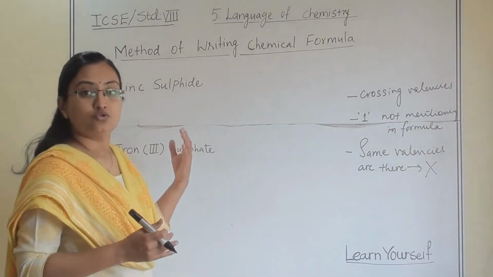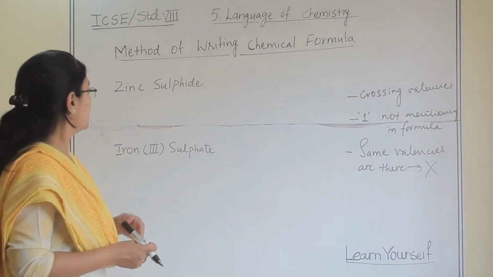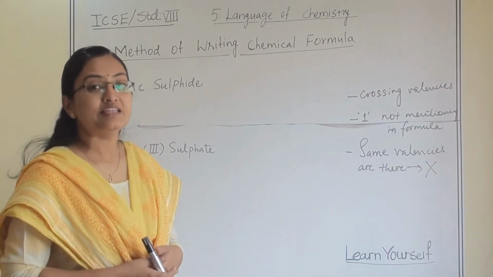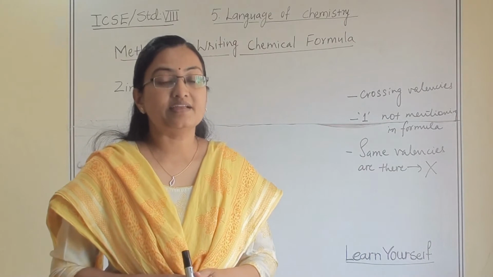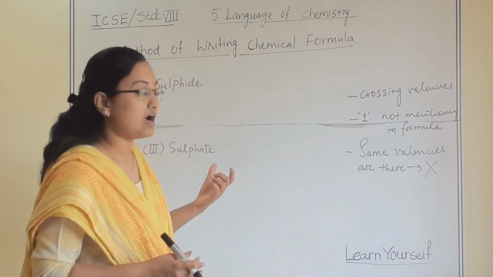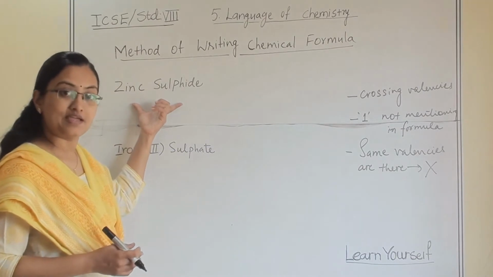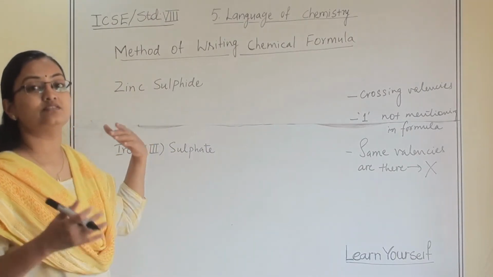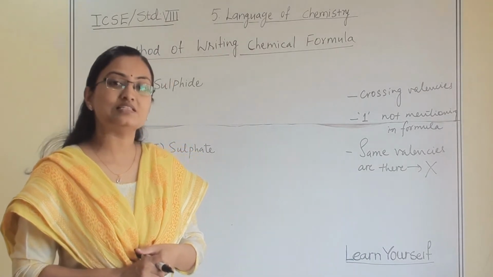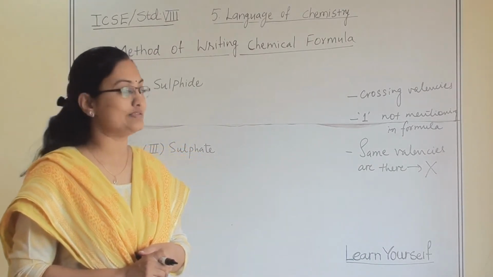Let us take 2 more examples. First is zinc sulfide. So whenever in the exam you are asked to write a molecular formula, the examiner will give a name like this, and you have to write their symbols and their valency on your own. So please remember all the symbols and valencies.